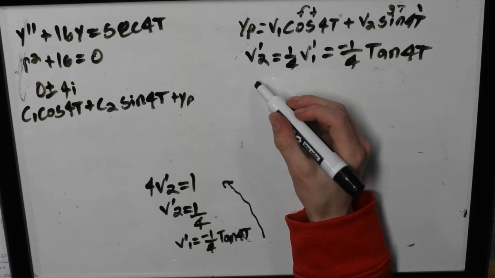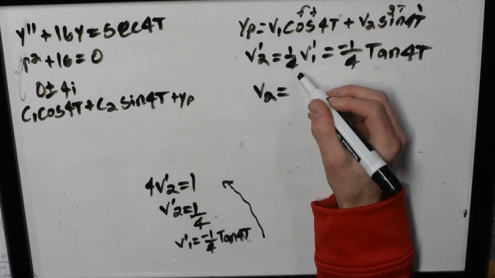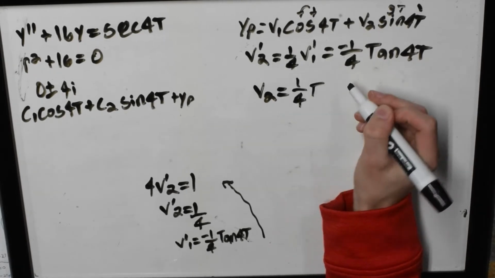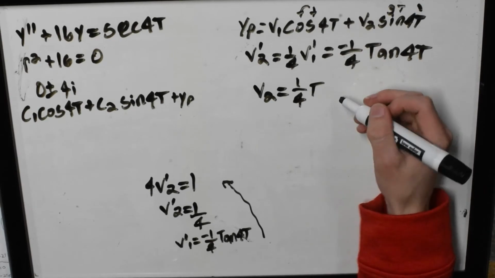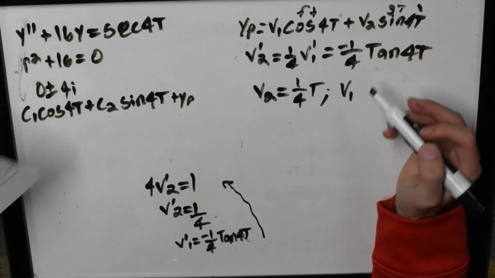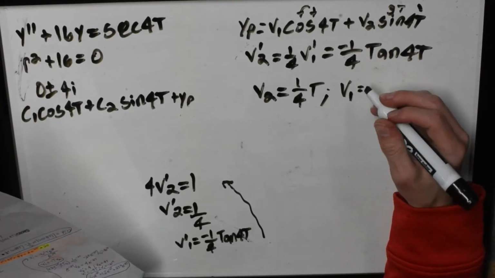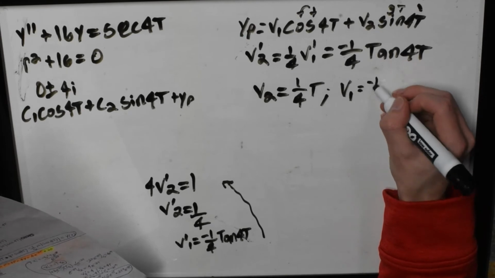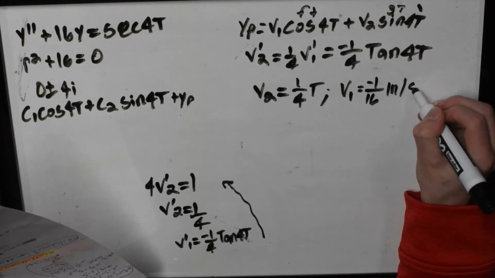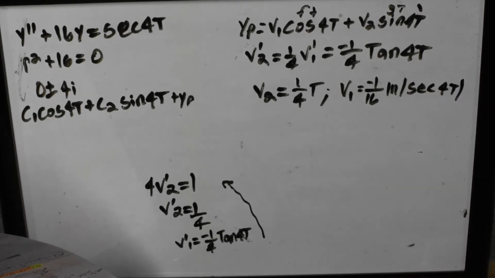Well, the integral of v prime 2 is v2, which is just 1/4 t. That wasn't bad. v prime 1 is a little bit more difficult, but v1, the integral of v prime 1, using an integral table, you'll find this to be equal to negative 1/16 ln secant 4t. This is just one of the integrals in the back of the book.